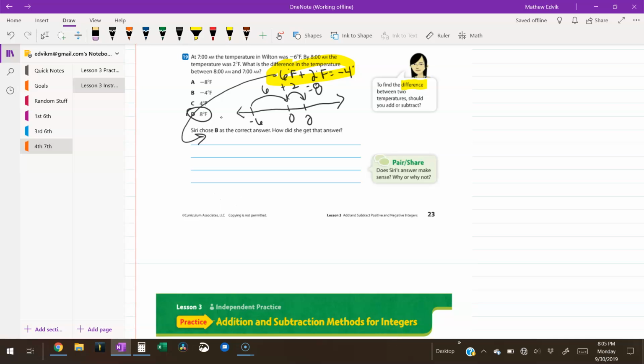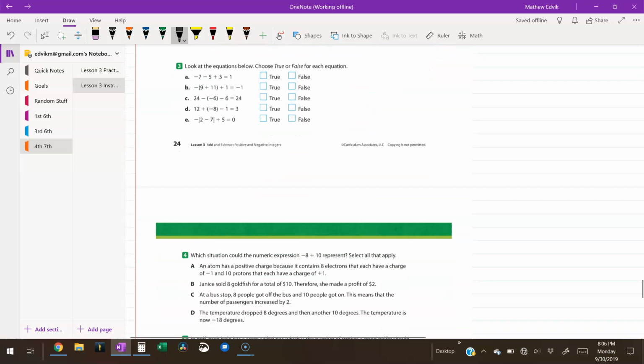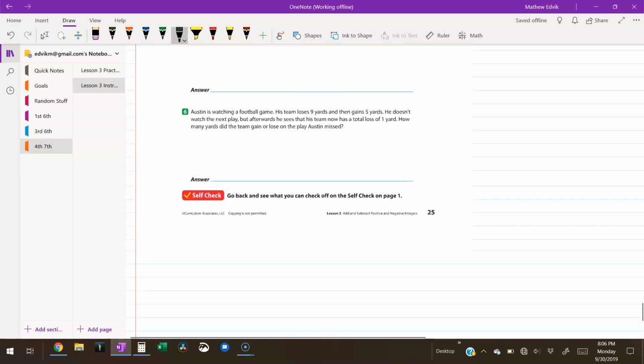Sorry. We would want to set that up with the 2 minus a -6. And then that would be 2 plus 6, which equals 8, which is what we have here. The 2 plus the 6 gives us the 8. Okay. So this is, as you can see right here, independent practice. So I want you guys to take a little time to work on this on your own, and then I will do some think alouds as we work through these problems.